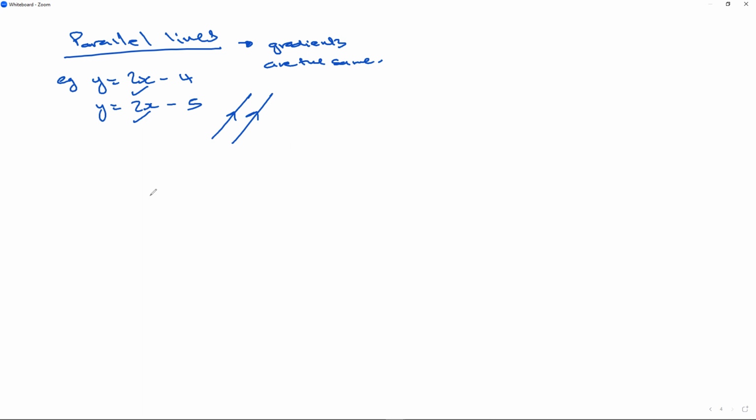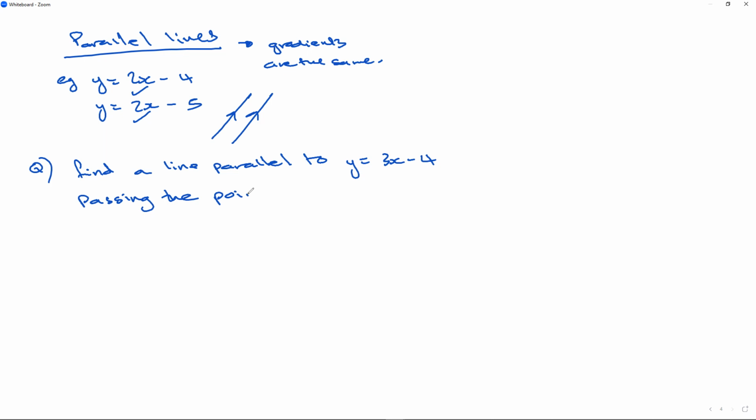Okay, so now looking at a quick question, I want to find a line parallel to y equals 3x minus 4, passing the point, let's say, 1, 2. So this line is a new line, not this one, another one, with the same gradient passing that point.